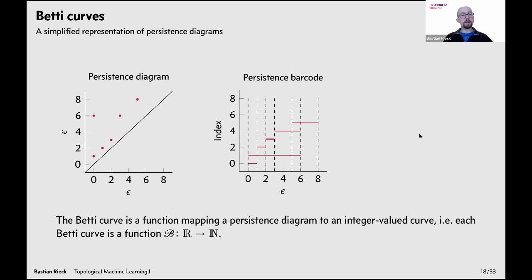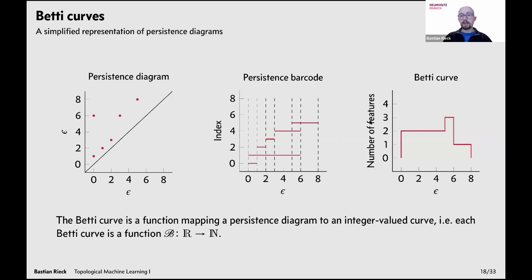So you start with the diagram, you convert it to a barcode, and you start slicing that barcode according to the time, or the epsilon threshold, where the number of intervals changes, and then you just count the number of features that are active, or living if you want to use a stronger word, at this time.